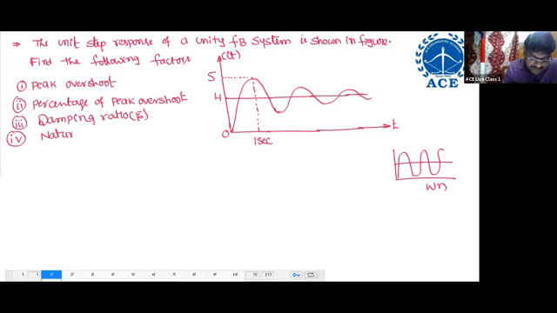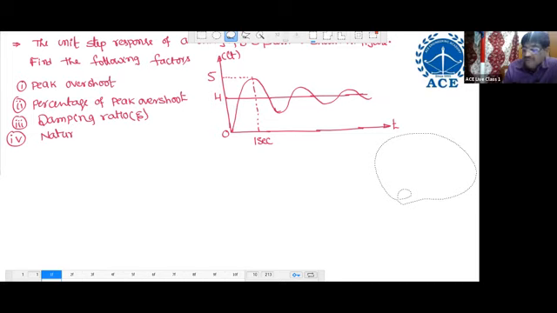Last day one fellow asked, small thing: natural frequency or undamped frequency of oscillations.